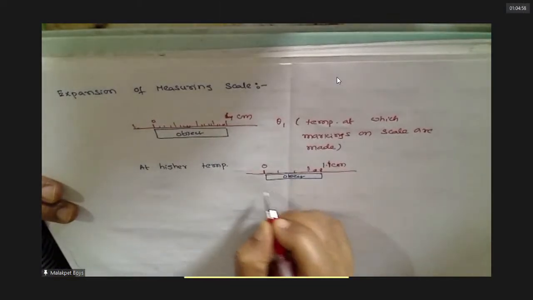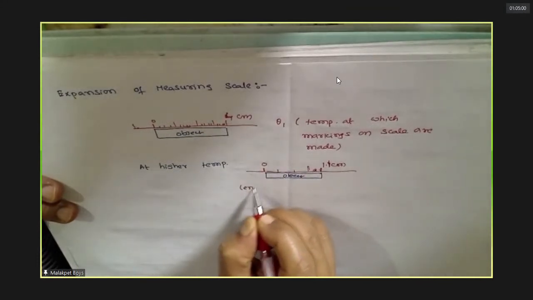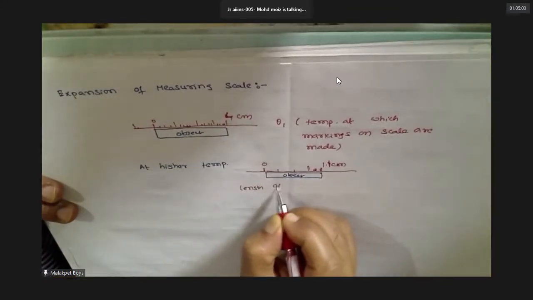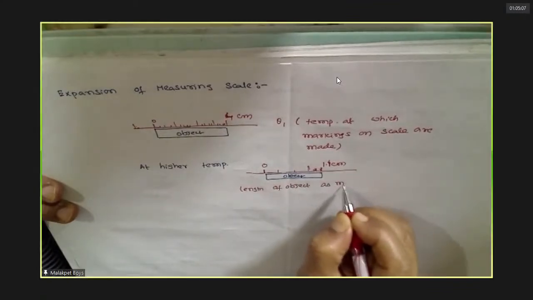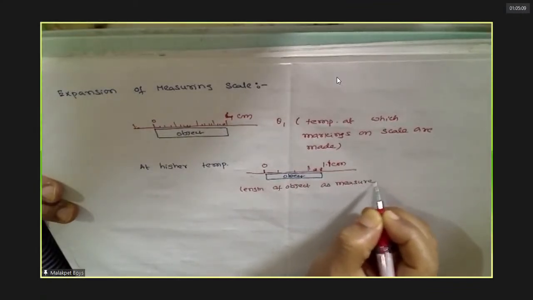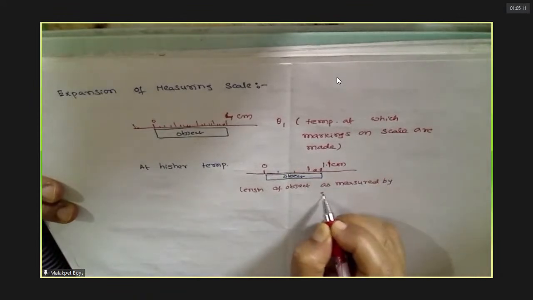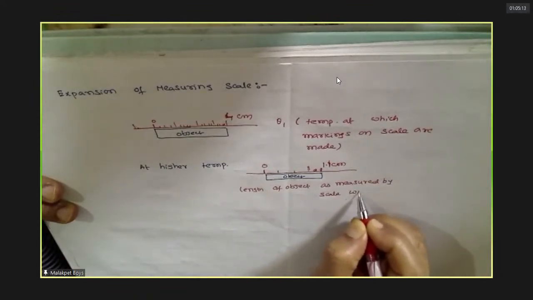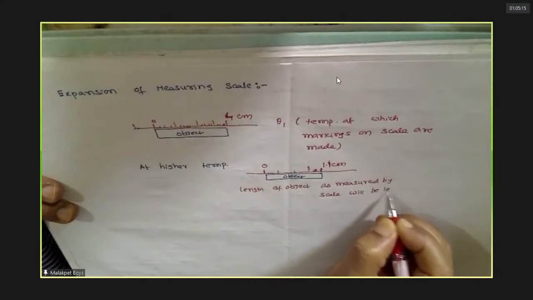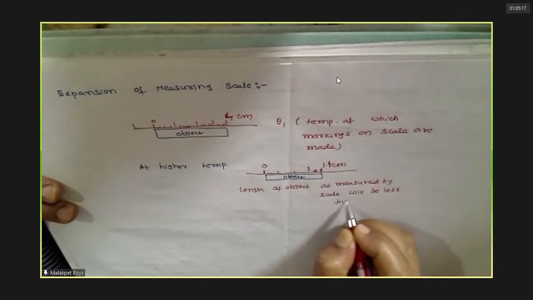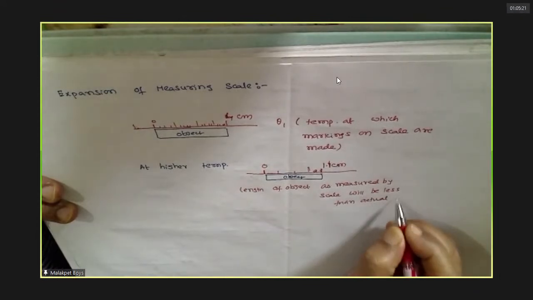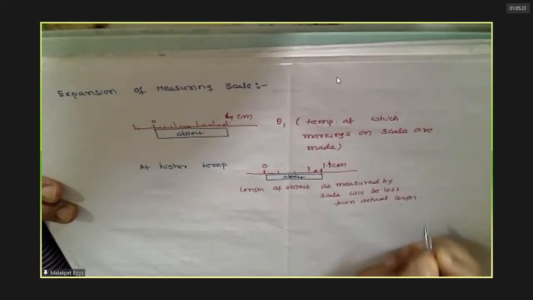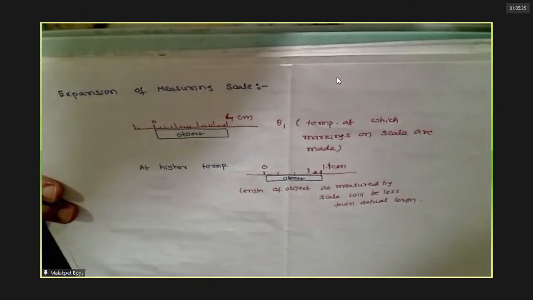That means you can see that the scale will read less length of the object as measured by scale. Understood this? Understood, sir.